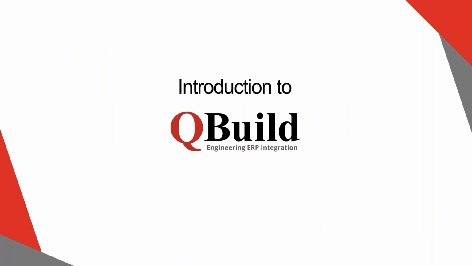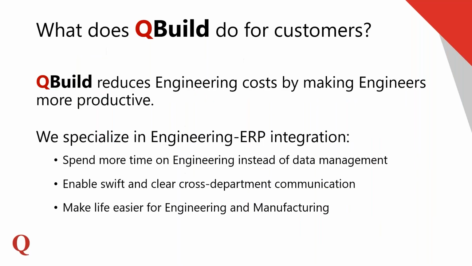So an introduction to QBuild. What QBuild does is we focus mainly on engineering to ERP integration. So what we mainly do is reduce engineering costs by making engineers more productive.